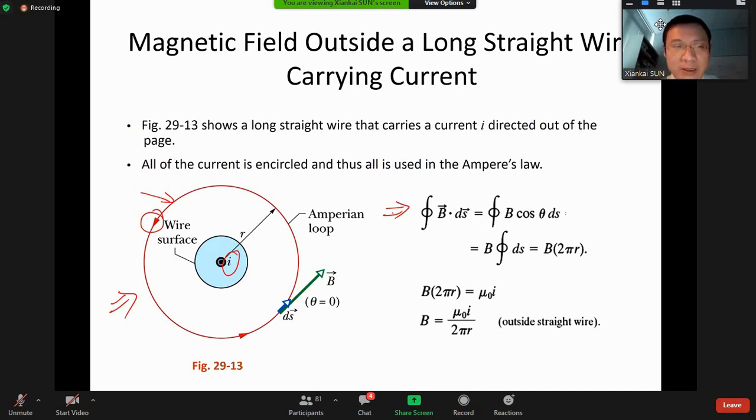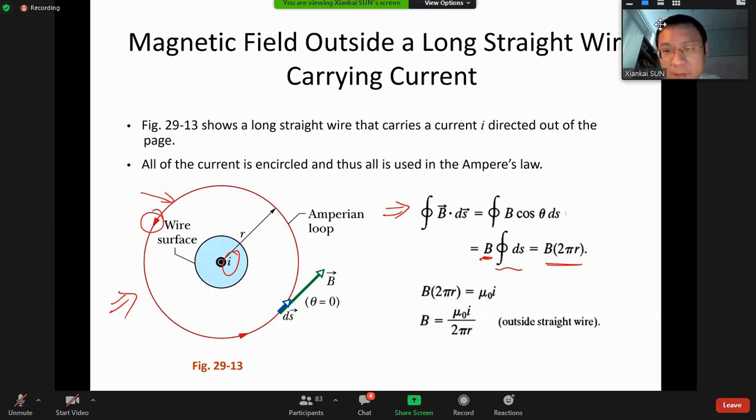B is constant along this Ampere loop, so you can take B outside the integral. The closed loop integral of ds is simply the circumference of this loop, 2 pi r.